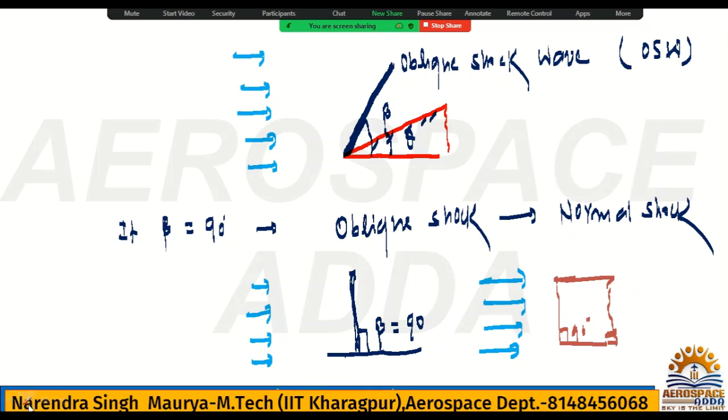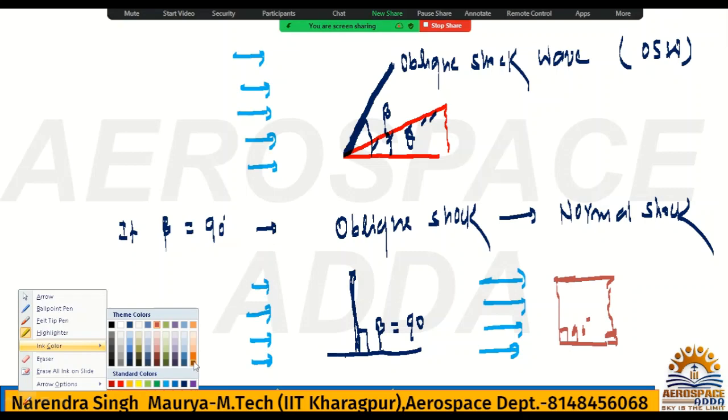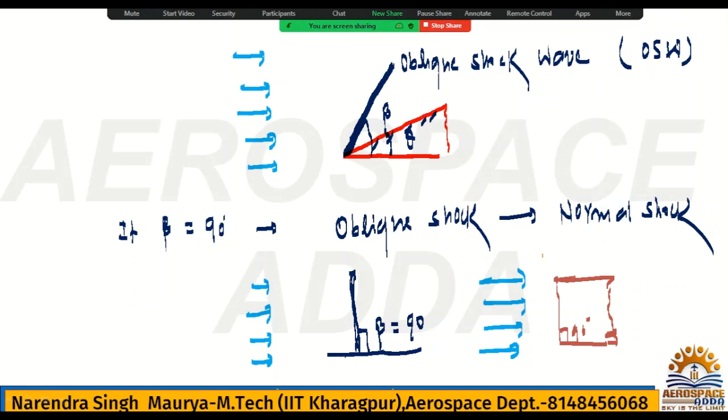A normal shock, you have already seen how it is formed. A similar kind of shock, the oblique shock, will also form, but here it will not be normal to the flow field. It will have some inclination, and that inclination is called beta. Beta is called the shock angle. For a normal shock, beta will be 90 degrees, but less than 90 it will always be an oblique shock.